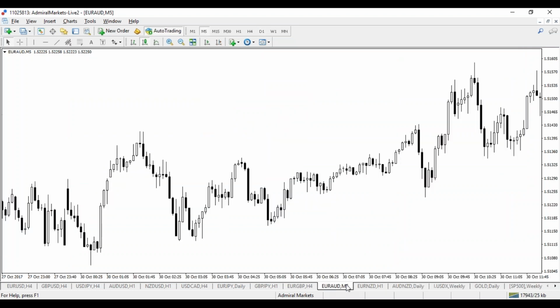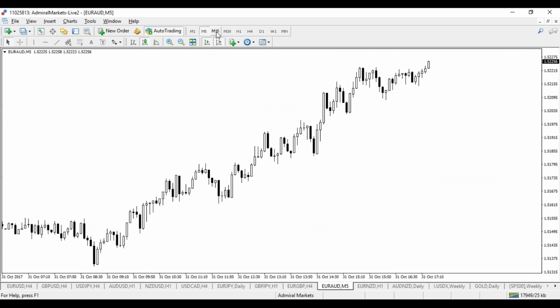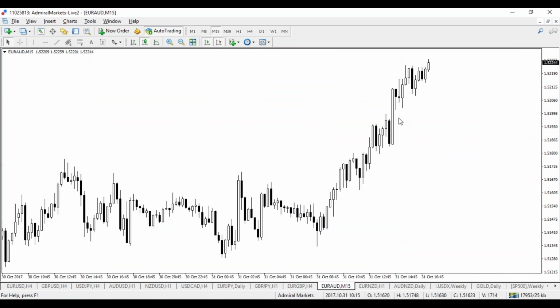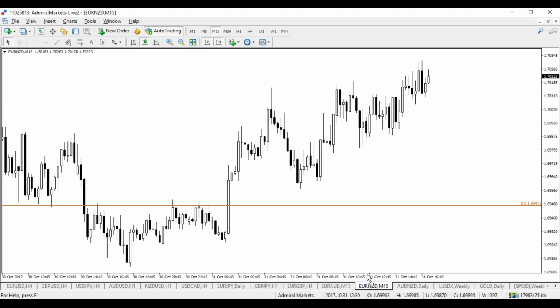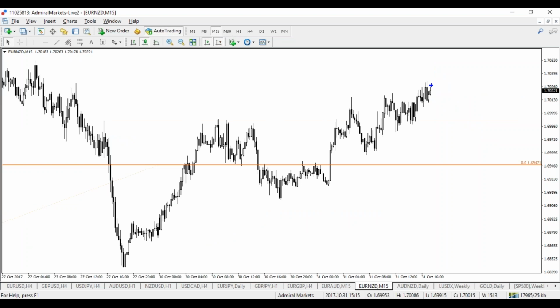I am keeping an eye on the Euro odd and Euro New Zealand. For that matter, it would be good if the Euro odd made some kind of 15-minute correction like this, and I'm looking for a continuation. I think the Euro New Zealand would be good too if it did that, some kind of correction and continuation. Euro New Zealand is rising, but it's a little bit choppy at this moment, as you can see.